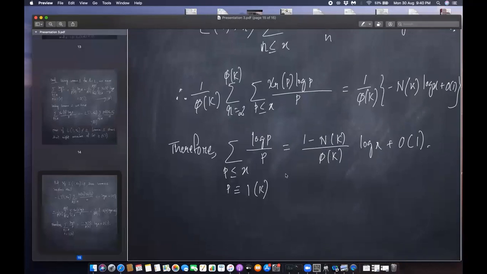So that means if x goes to infinity, we have log of x going to infinity. So the left hand side is also going to infinity. So that means there are infinitely many primes which are congruent to 1 modulo k.